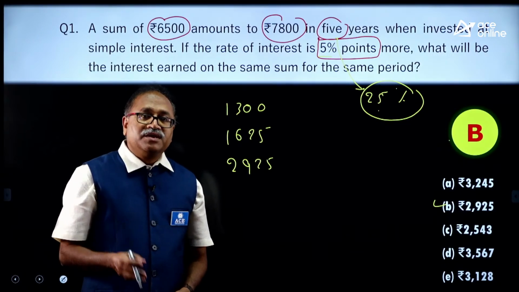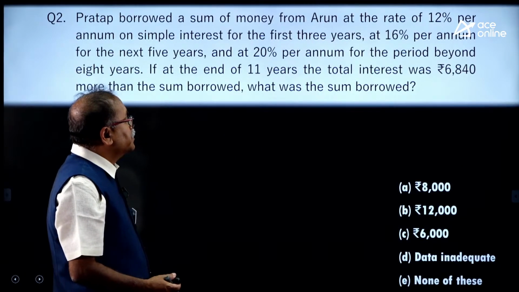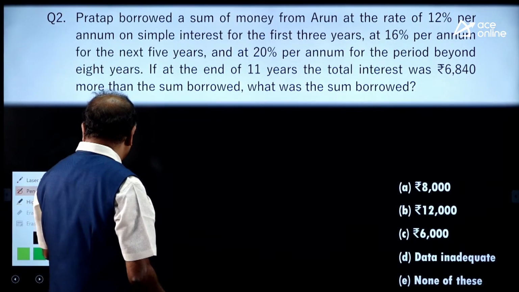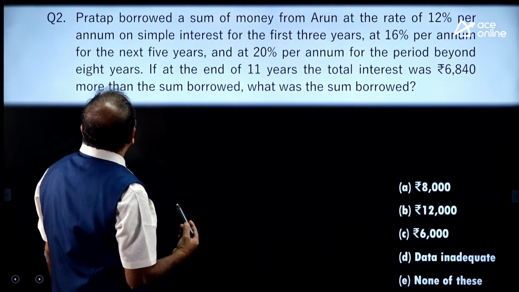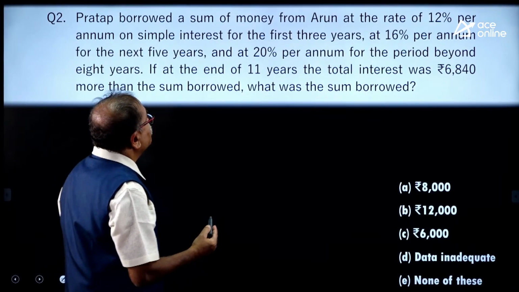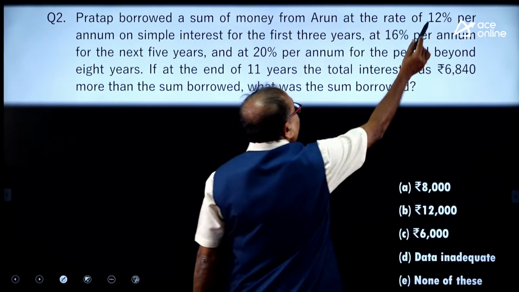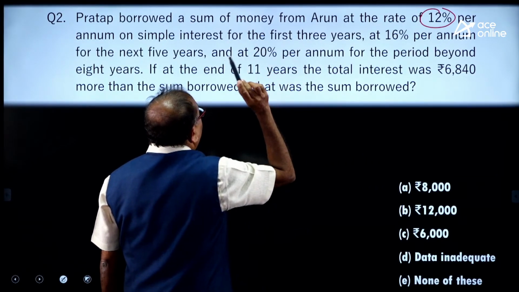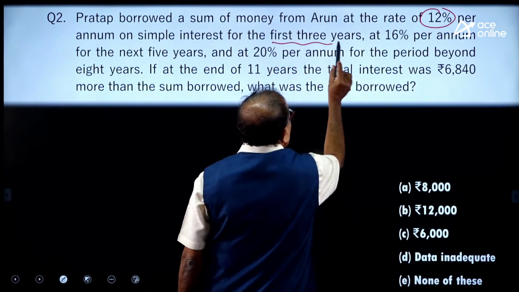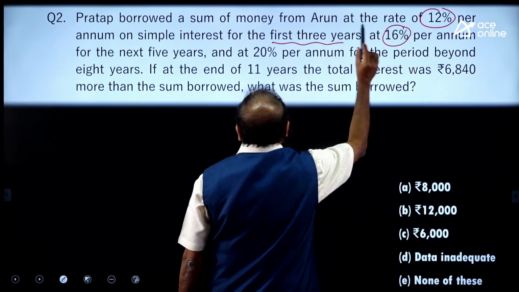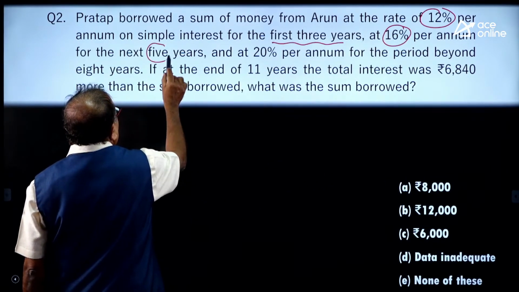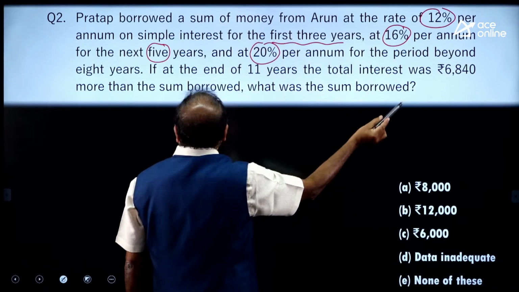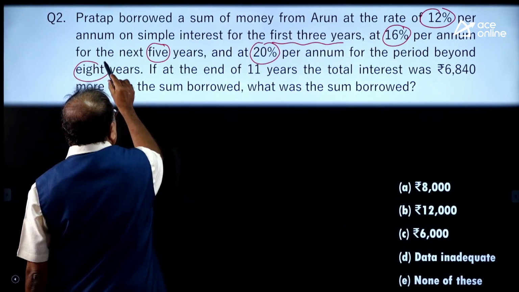Okay, friends. The next question on the board is this. I will read the question and then I will wait for your response. Here it says, Pratap borrowed a sum of money from Arun at the rate of 12% per annum simple interest for the first 3 years, 16% per annum interest for the next 5 years, and 20% per annum for the period beyond 8 years.